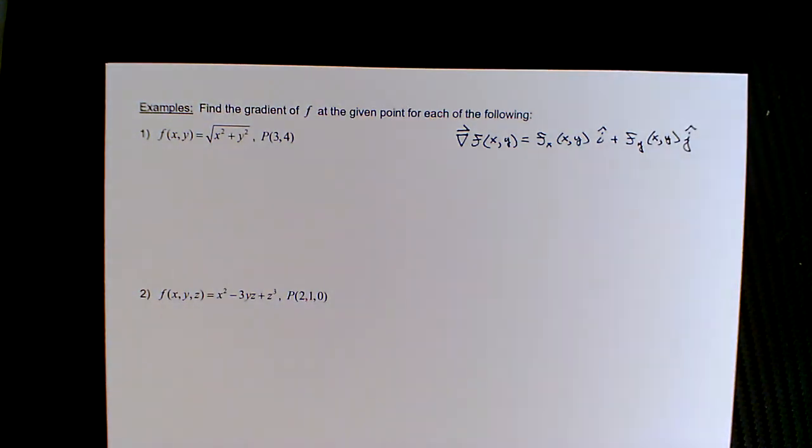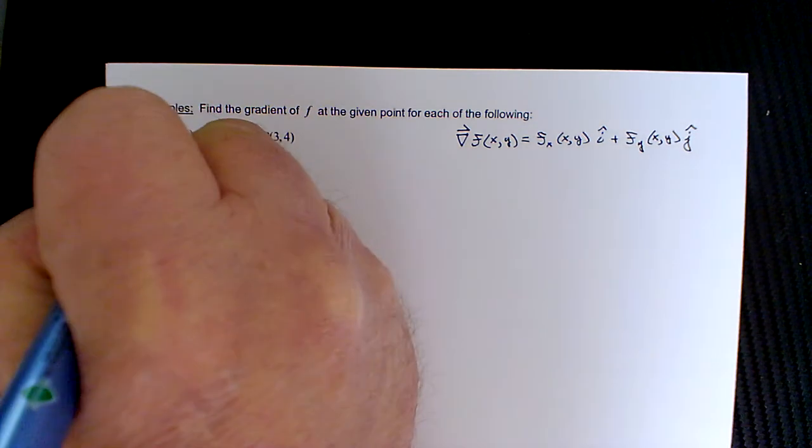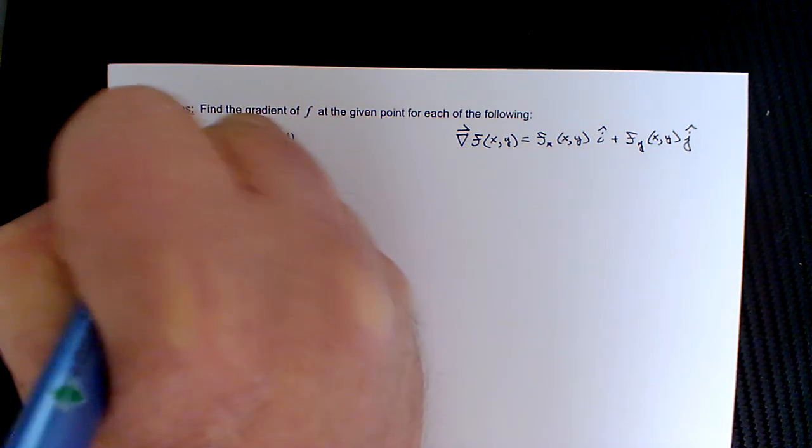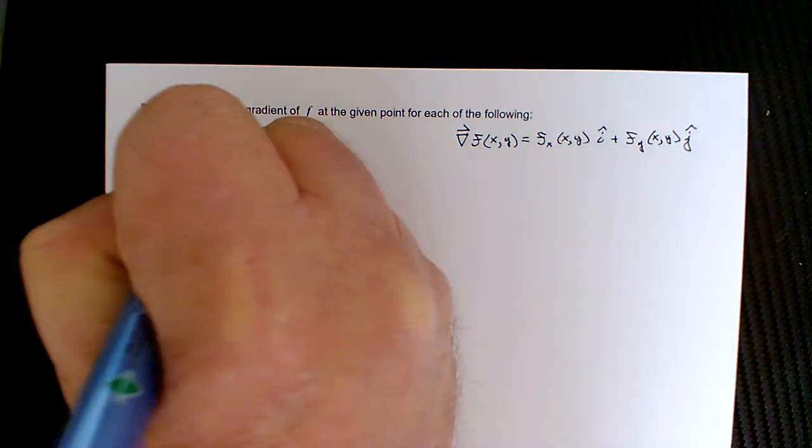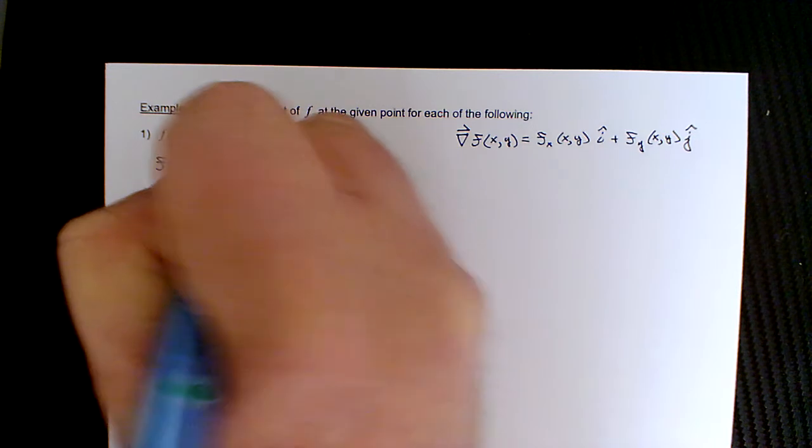So all we need to do here is find a couple partials, plug in the point, and then we will have found the gradient at that point.